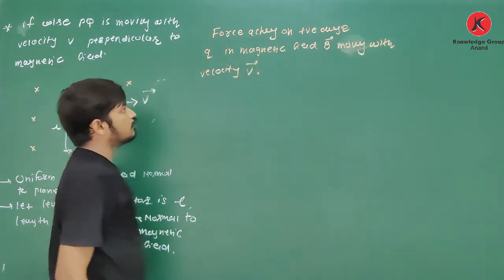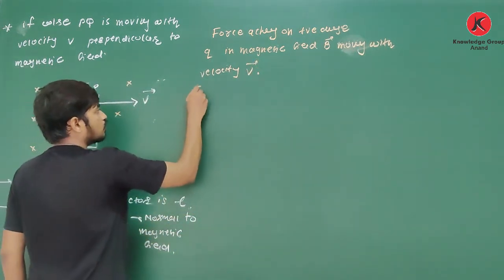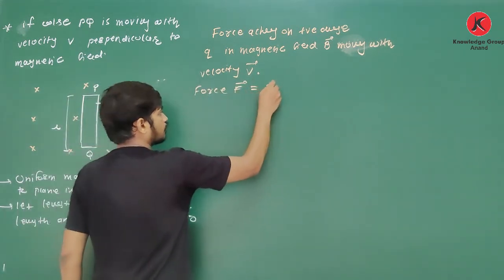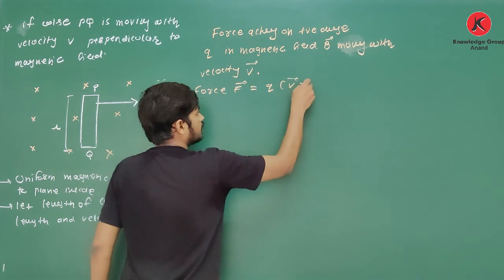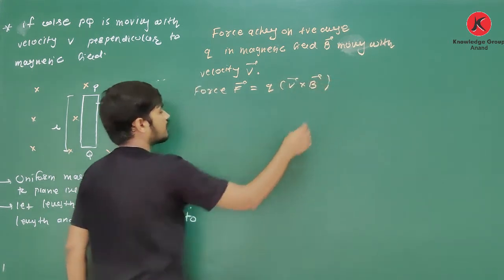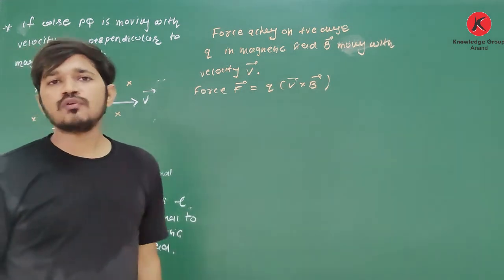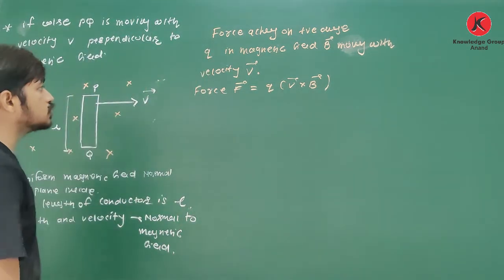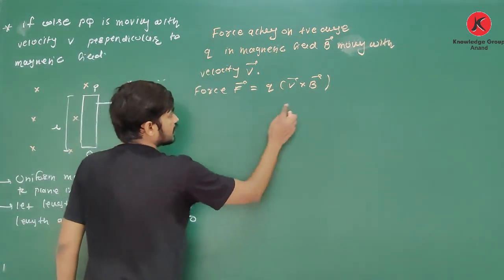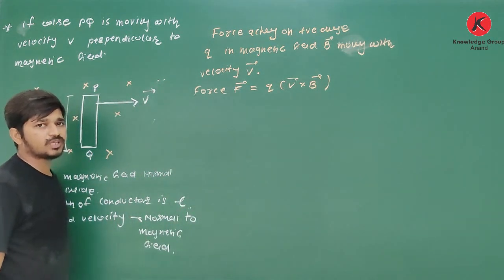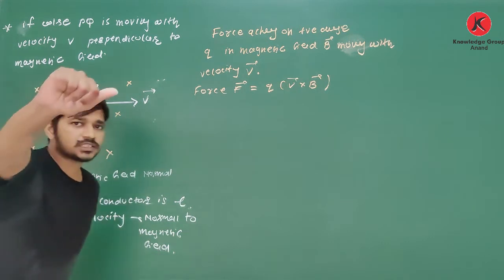What is the equation of force? Yes, force F is equal to q v cross B. Now, in which direction is this force acting? The force is acting in the direction of v cross B. See here.